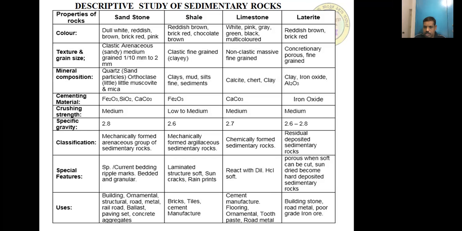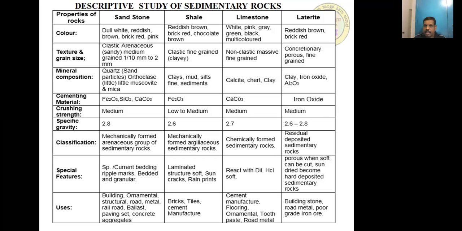Specific gravity is 2.7. Classification: it is a chemically formed sedimentary rock. Special feature: it reacts with dilute HCl. Uses: it is normally used in the manufacture of cement and also in flooring, ornamental purposes, etc.